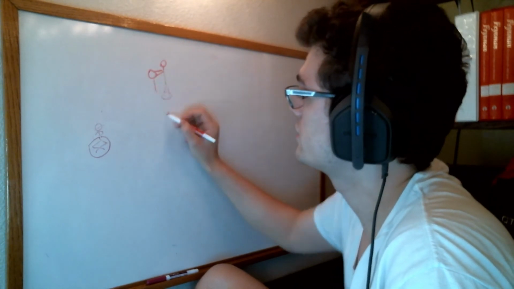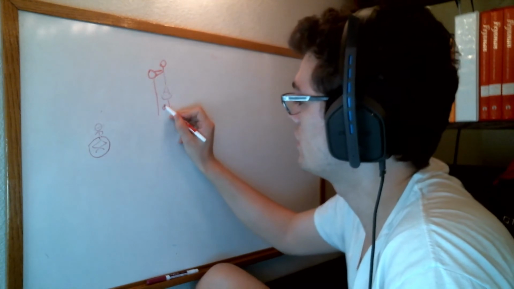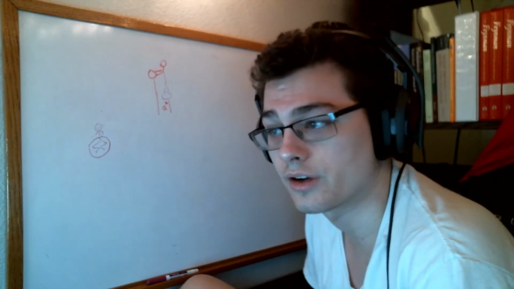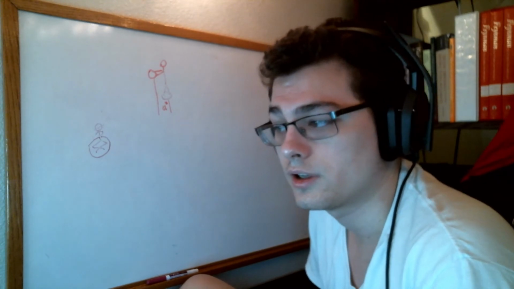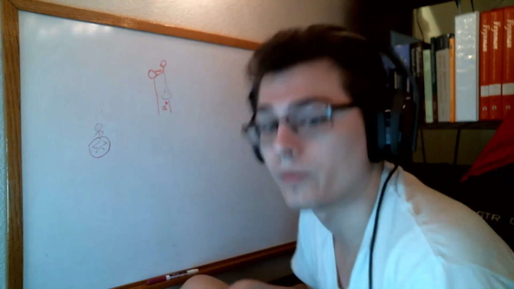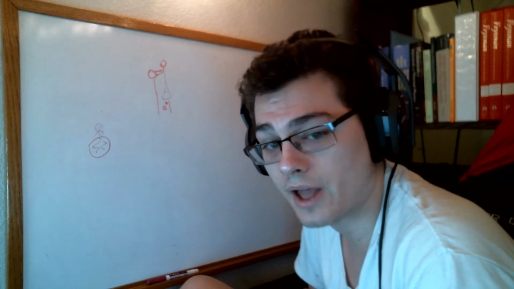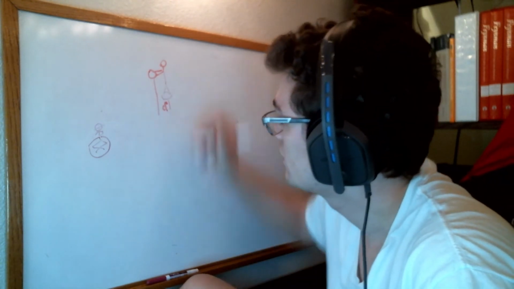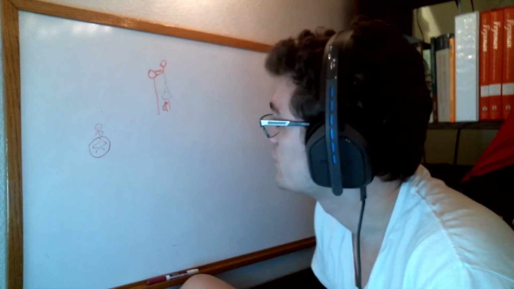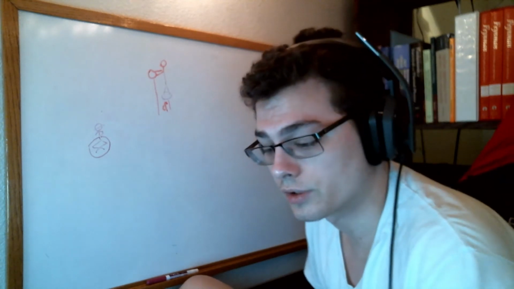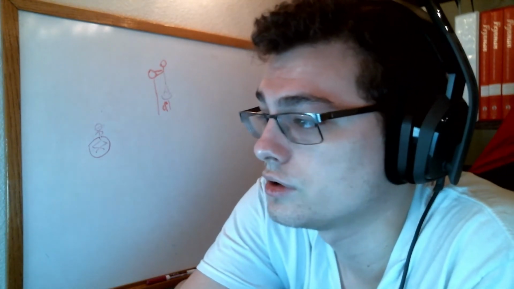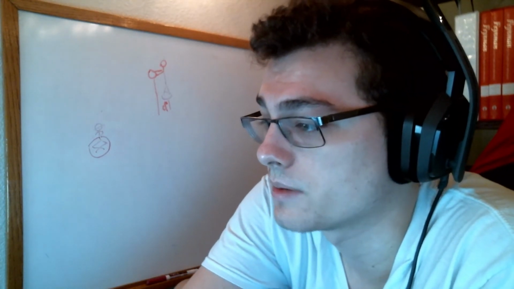Then this here is going to be our distance D, and this distance D is going to increase, and therefore their moment of inertia using the parallel axis theorem is going to increase. This is D. So as D goes up, moment of inertia also increases, while the original ICM stays constant.